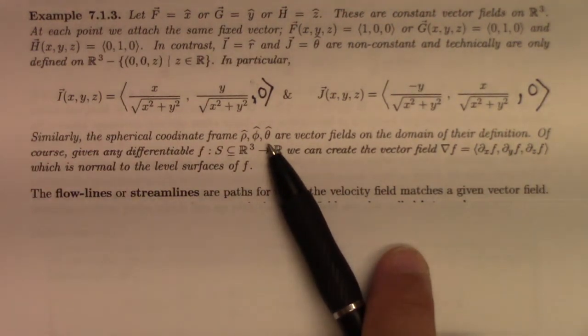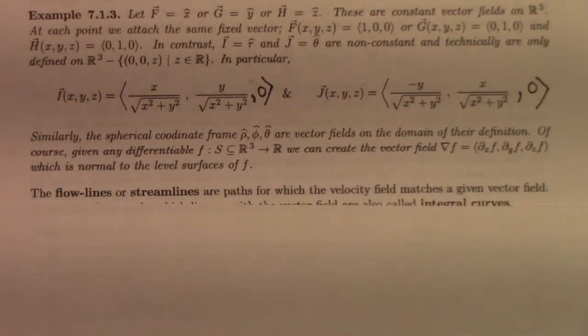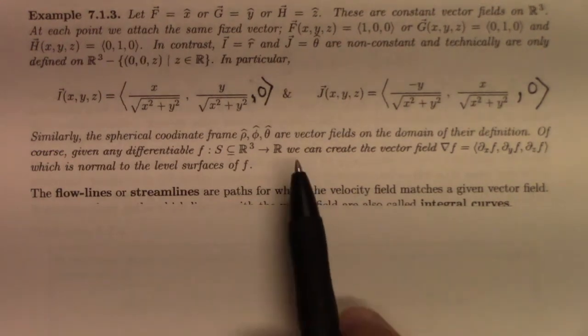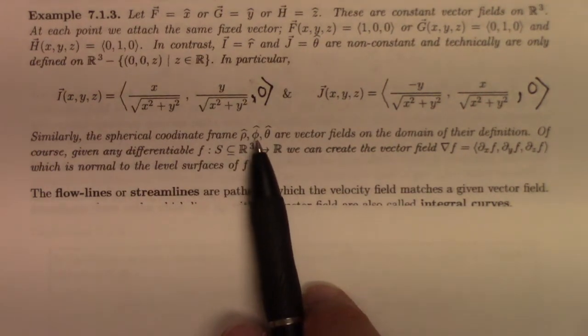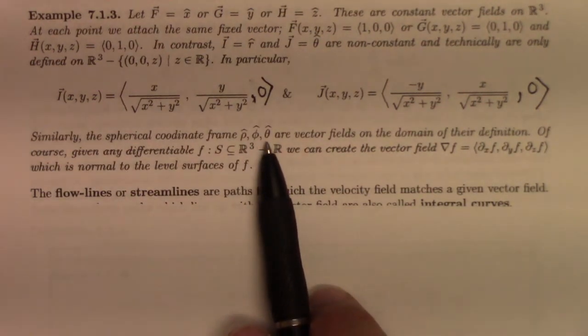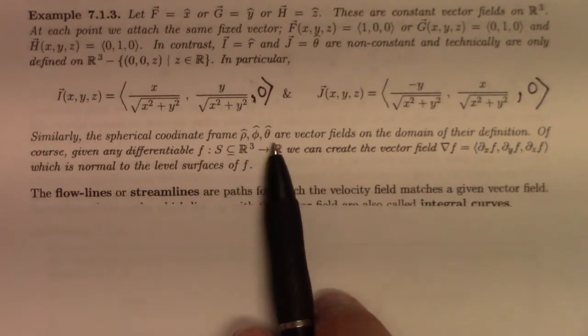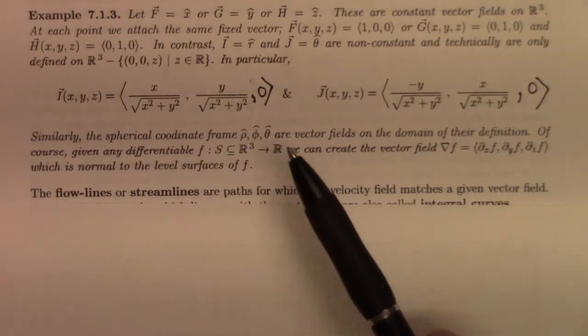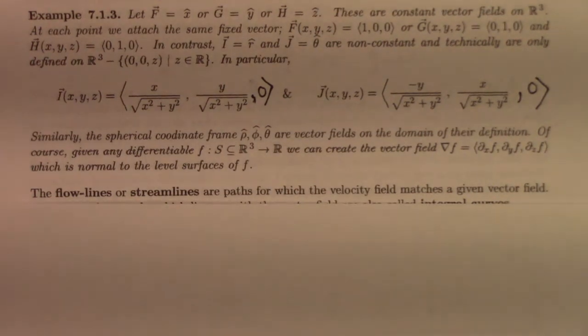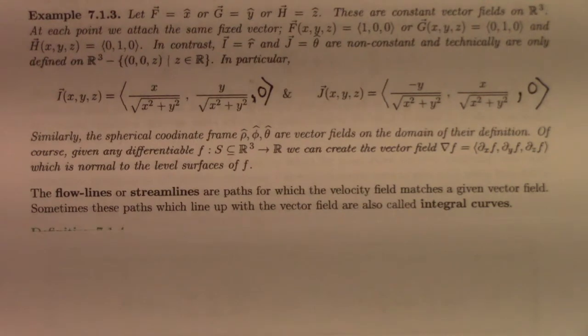And theta hat is not defined on the z-axis, right? So there is a place in space for rho hat, 2 places for phi hat, and a whole axis of places for theta hat, where these vector fields are not defined, right? So the domain of definition for the spherical coordinate frame is not all of R3. It's a suitable restriction of R3.